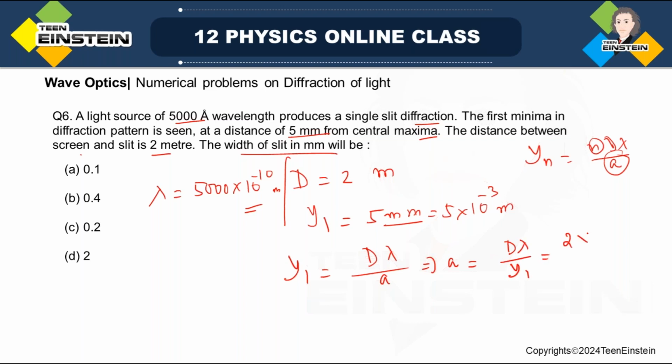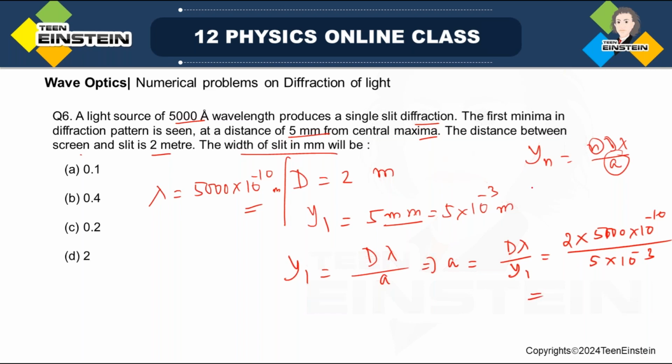D is 2 meter, lambda is 5000 into 10 to the power minus 10, divided by y1. Y1 is 5 millimeter, 10 to the power minus 3.